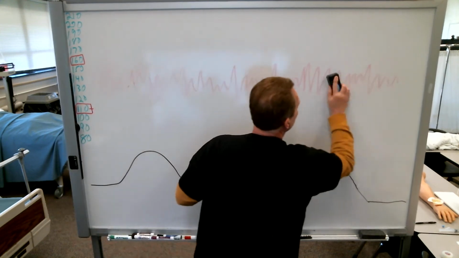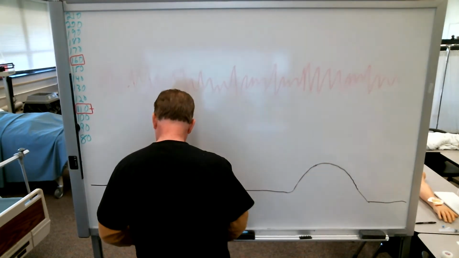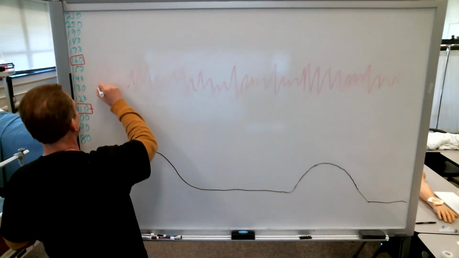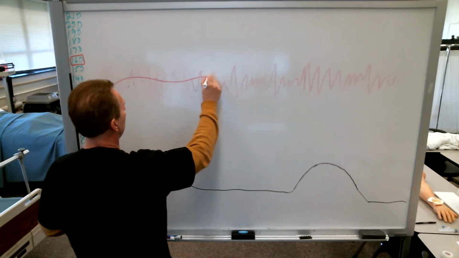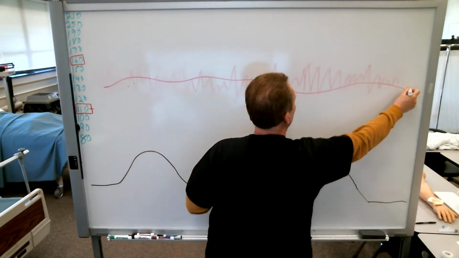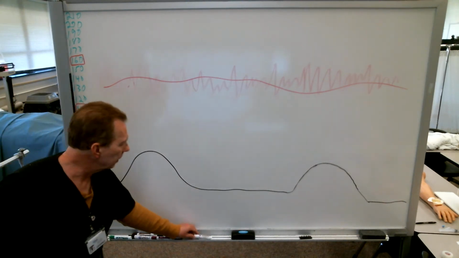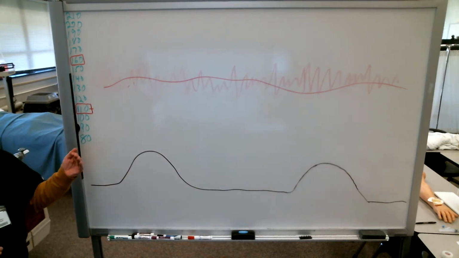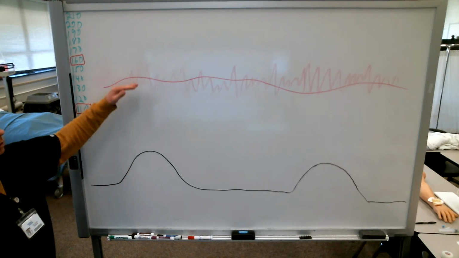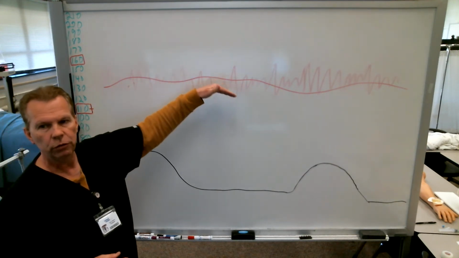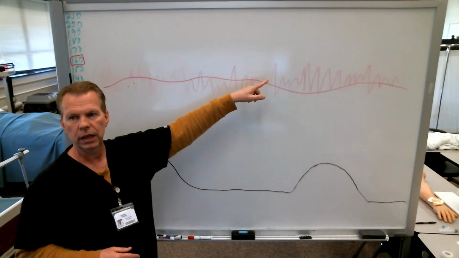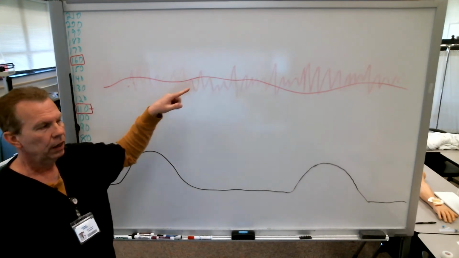something else. So let's just say that we had this tracing. Okay, so we just have that right there. And so that would be poor variability. You don't see that up and down movement there. We don't see that up and down movement.